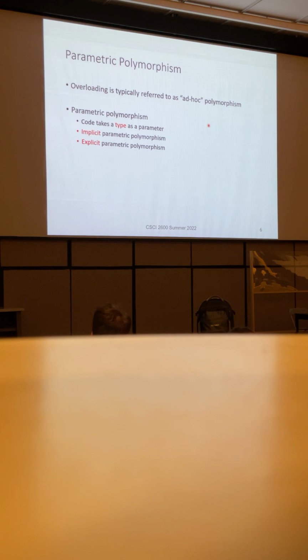So Python does support parametric polymorphism, but it does so implicitly, right? Because imagine you define a function that takes two arguments, a and b, and returns a plus b. Okay? So if I ask you, what are the types of a and b that this function expects? You can't really say for sure, right? Because that can be a number of things.